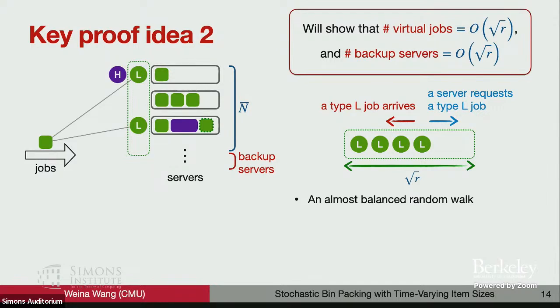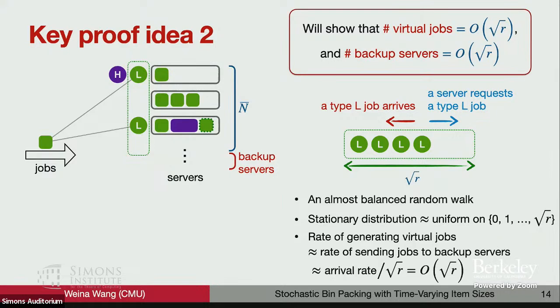So in steady state, this will be a uniform distribution from 0 to square root of R. The probability of being at state 0 and at state square root of R is the same, 1 over square root of R. Now think about the rate of generating virtual jobs, which is the same as the rate of sending jobs to backup servers. That will be the arrival rate divided by square root of R, which is on the order of square root of R. That's the intuition for why we only have this number of virtual jobs and backup servers.